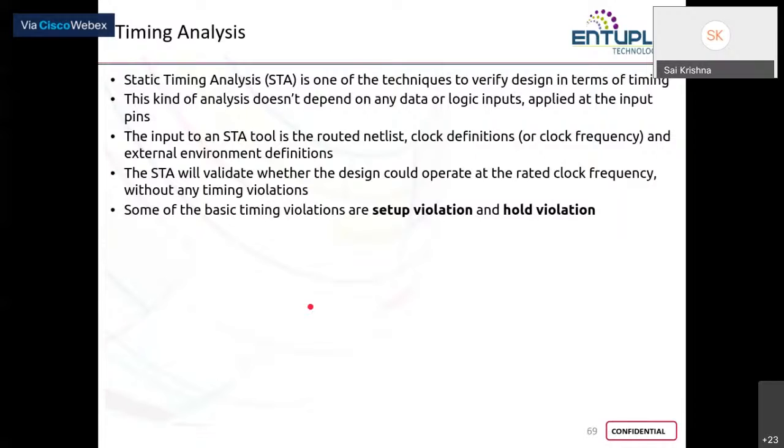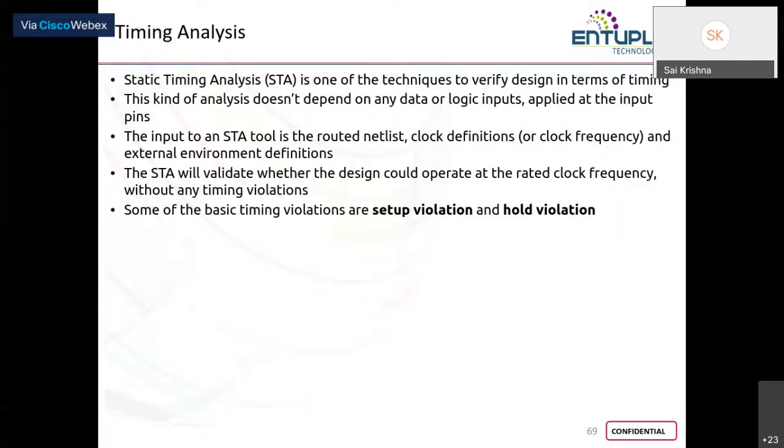One thing I forgot to mention is that after floor plan and power plan, you do placement, check your timing, area, and power. If there are any violations in your timing, then you optimize the design and again check for your timing, area, power violations. Only if they are clear, you go to CTS.